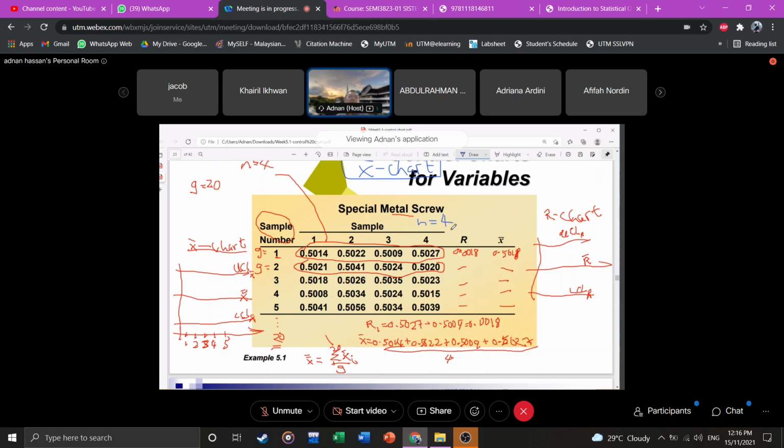Okay, let's say you want to plot an X bar chart and R chart. So every time you take samples, maybe in terms of instant time period or period of time. I mentioned earlier, which method is good for X bar chart? Instant time period.